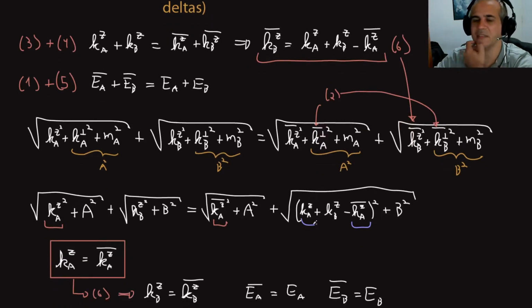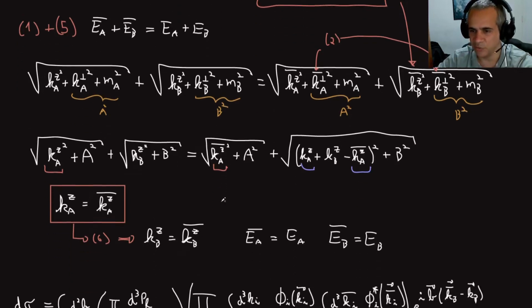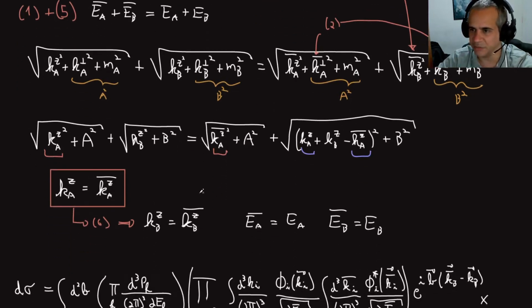Which obviously has a solution for KAZ equal KAZ bar, right? If I remove the bar from KAZ, this square root becomes the same as this one. And this one becomes the same as this one because these two pieces in blue here cancel each other. Right? So this is a solution to this equation. It is the only solution, but that's harder to see.